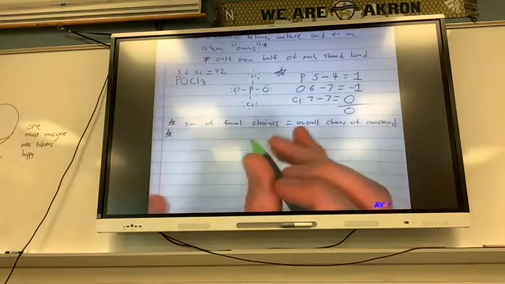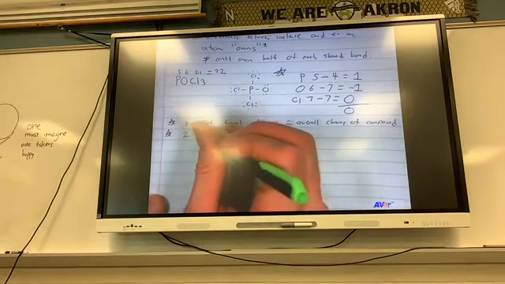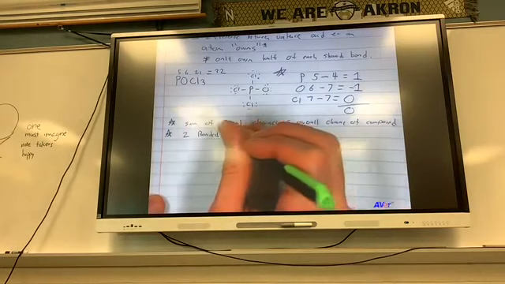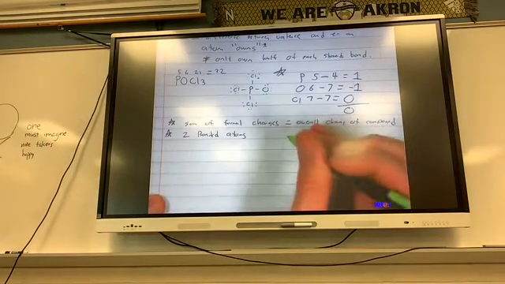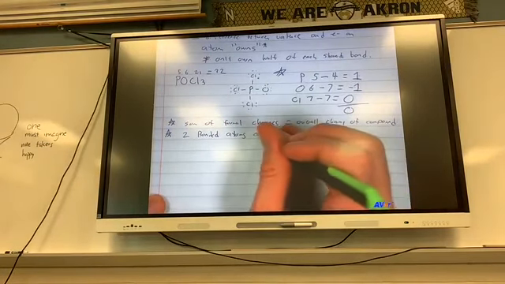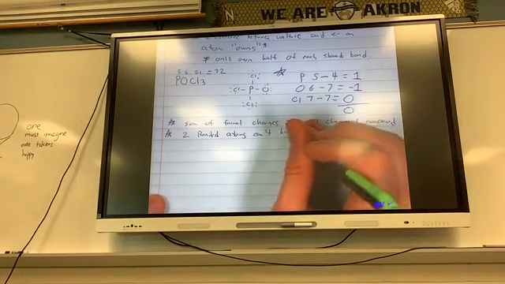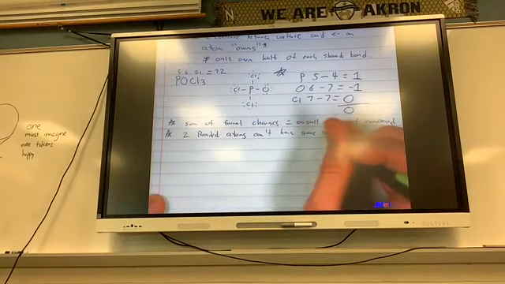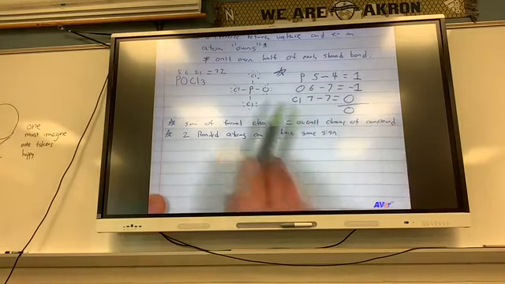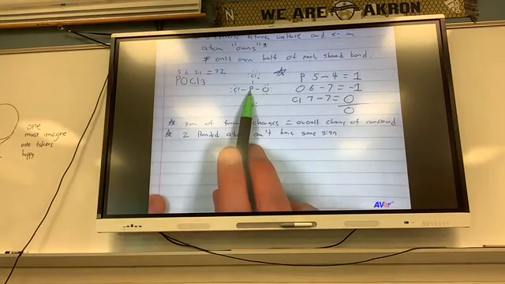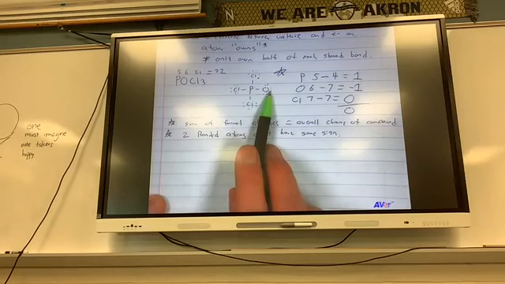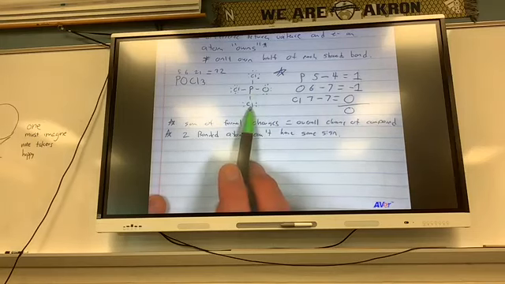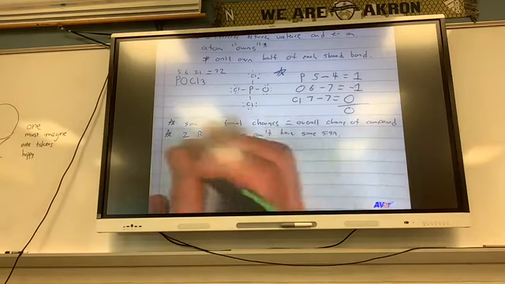Second star, 2 bonded atoms can't have the same sign. So phosphorus, right, and oxygen: positive, negative. Positive, 0. Can't have the same sign.